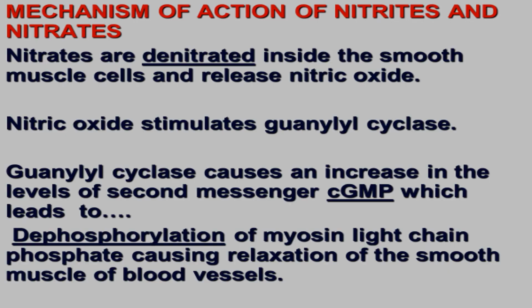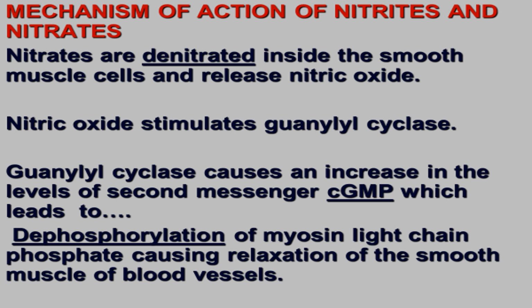Now coming to the first category of the anti-anginal drugs, nitrates. What is actually the mechanism of nitrates and nitrites? We take the drug, and what happens in the smooth muscles? The nitrates are denitrated and nitric oxide is released. As you all know, nitric oxide stimulates guanylyl cyclase.